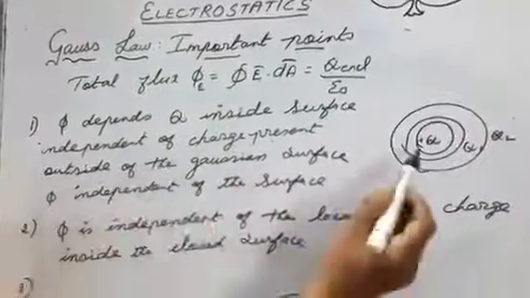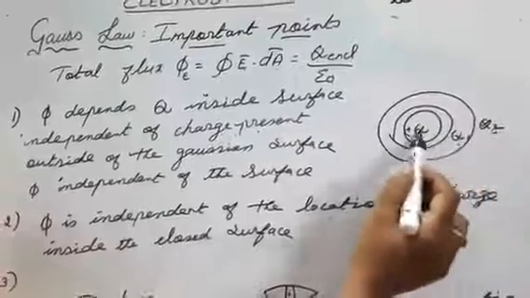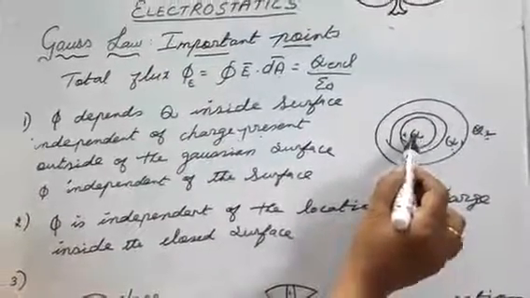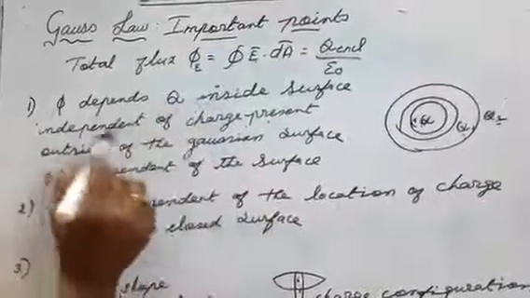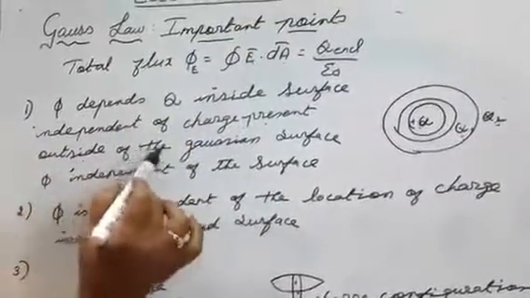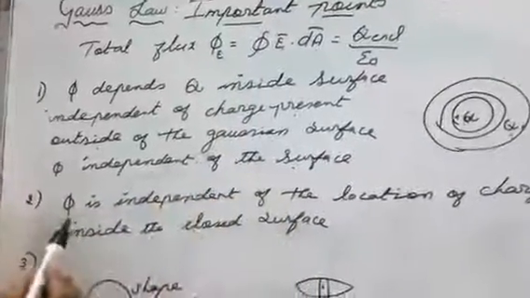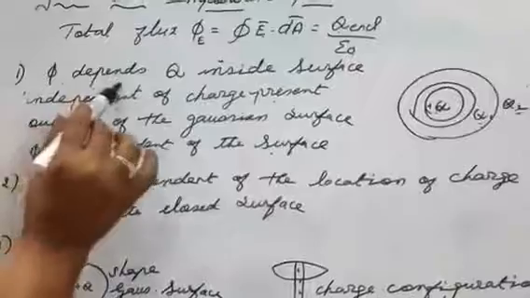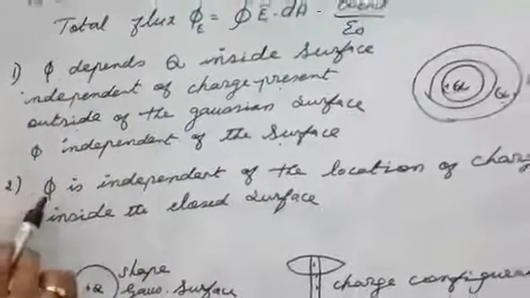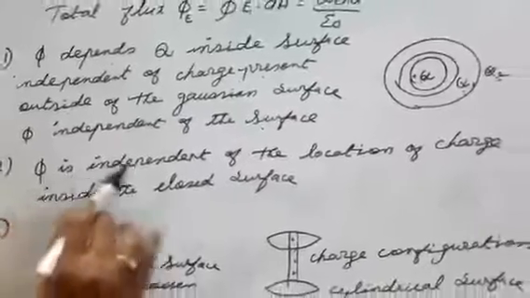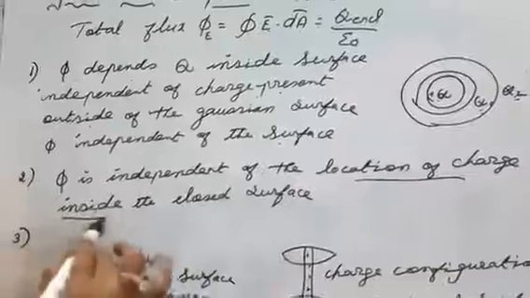Suppose q is inside and q1, q2 are outside, the phi value always depends on this q only, because it depends on the charge present inside the surface and is independent of the charges present outside the surface. Therefore, phi is independent of the surfaces. And the second point is that the total electric flux is independent of the location of the charge inside the closed surface.